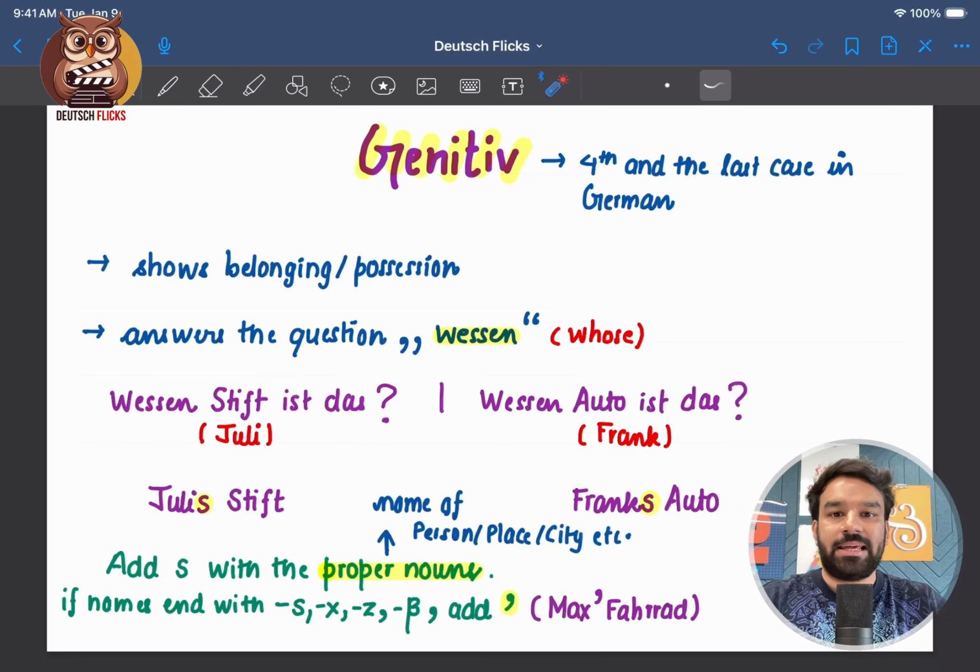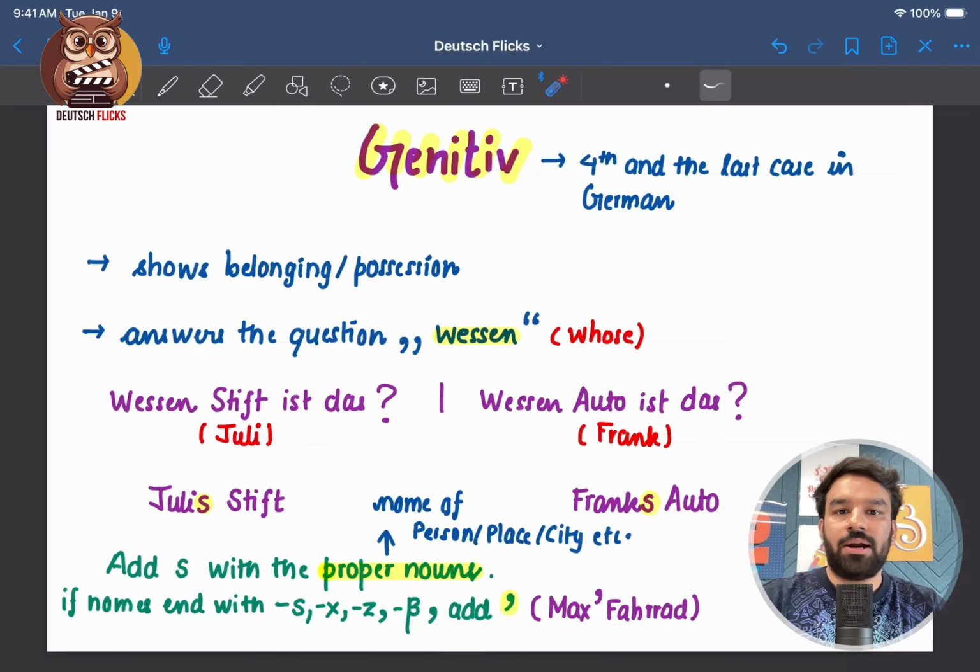But if the names are ending in these four letters, then I do not put S, I put an apostrophe. Because the moment you put S, you will not be able to pronounce it. How will you pronounce Max and then this S together? Or maybe Moritz, which is a German name. So if you put S here, how will you pronounce it? So what we do is we do not put S, we only put apostrophe.